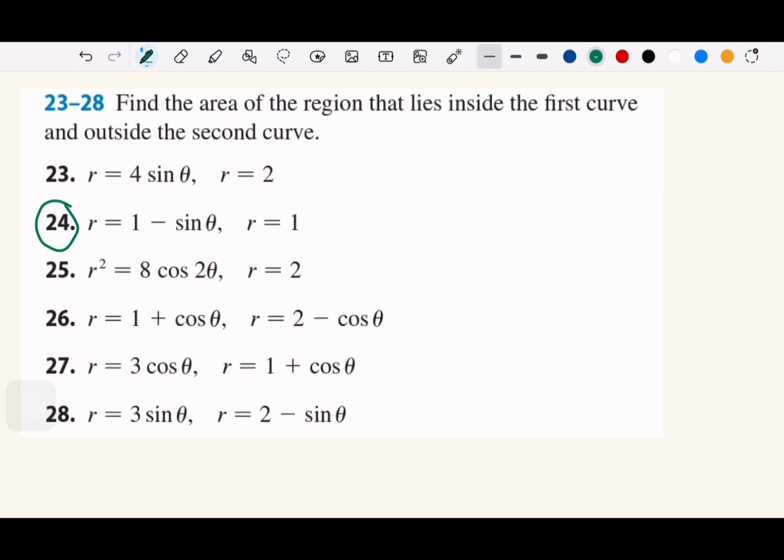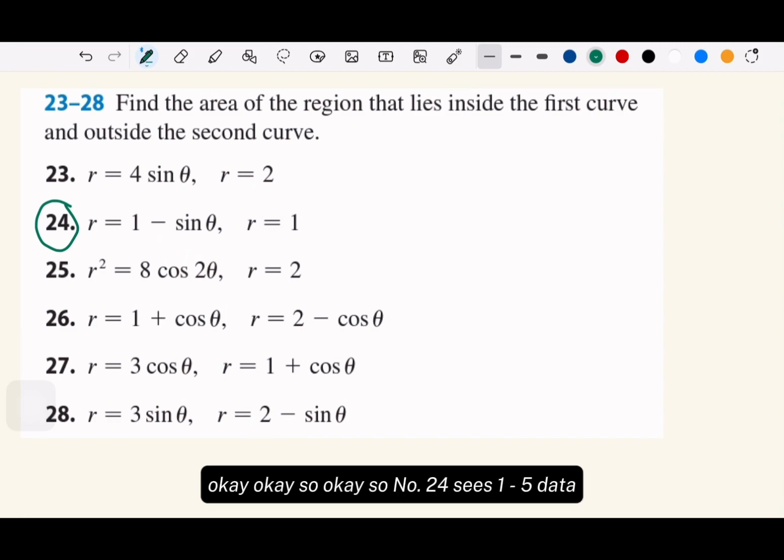So number 24, r equals 1 minus sine theta.